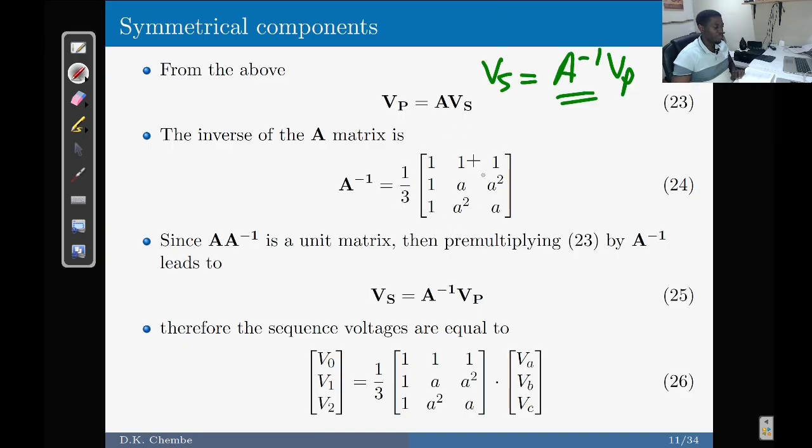So we have the A inverse. Okay, so this is the element we are considering here. The A inverse is what we have in here. This multiplies the phase voltages VA, VB, and VC. And therefore, once we determine the sequence voltages, it is much easier for us to determine the faults, as we shall see later on.